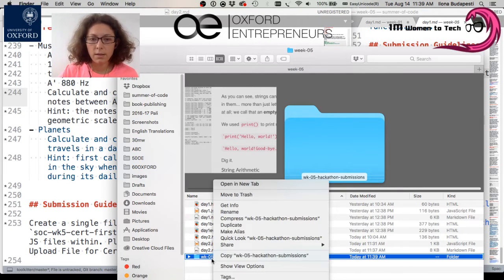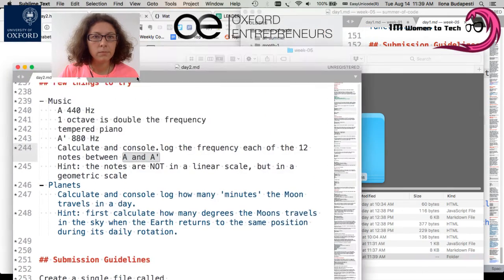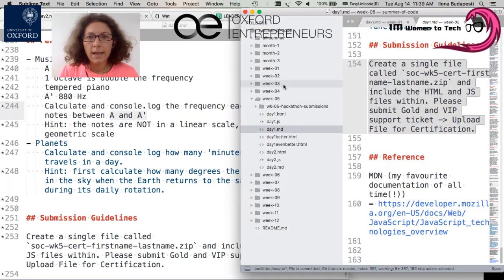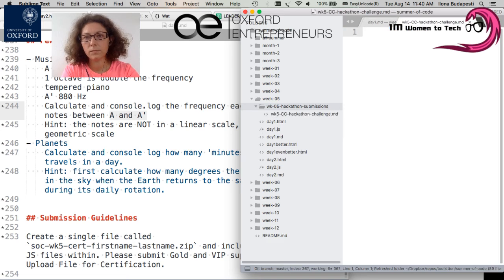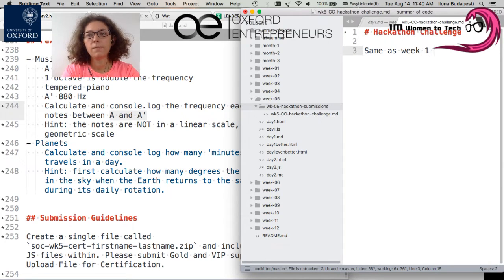Actually, I could do this probably now, and that way you can submit, as in week 1, but in JavaScript. So I can just push it up for now as a placeholder and fill out the details more. Fantastic.